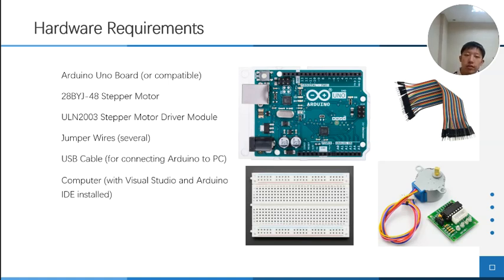Additionally, we need some jumper wires to connect the peripheral components, a USB cable for communication and power supply between the Arduino and the computer, and of course a computer with the development software installed.